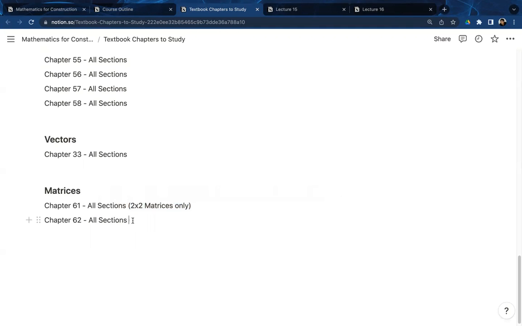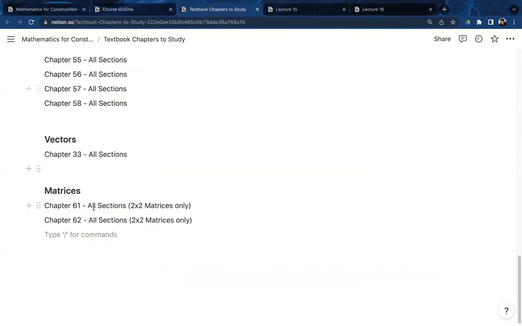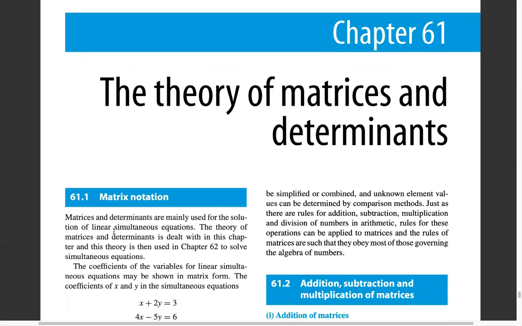It's hard to say with sections because all the sections are important, but they contextualize it for just 2 by 2 matrices. The syllabus says up to 2 by 2. So all the sections are important, but some sections are only about 3 by 3 matrices, so just don't look at those. But the same thing you do for 3 by 3 matrices, you do for 2 by 2. So that's why you can't really ignore the section, right? I'll explain that more.